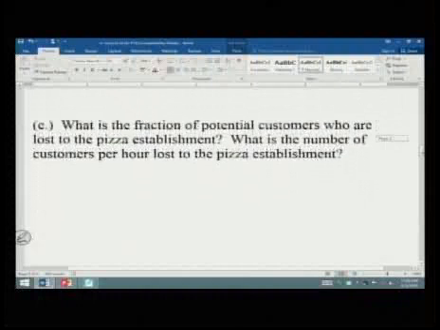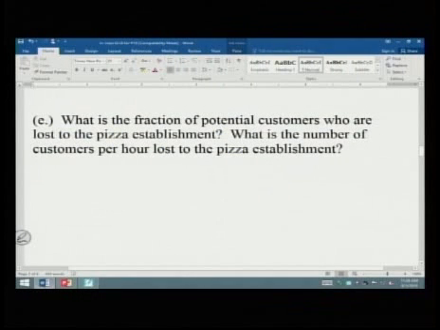Okay, now let's move on to the last question. It asks you, what is the fraction of potential customers who are lost to the pizza establishment? So how do you answer this question?